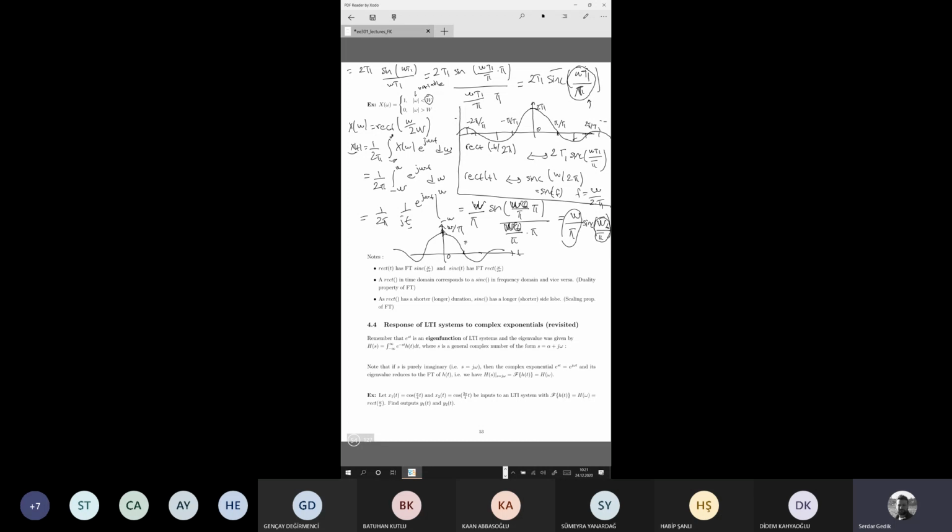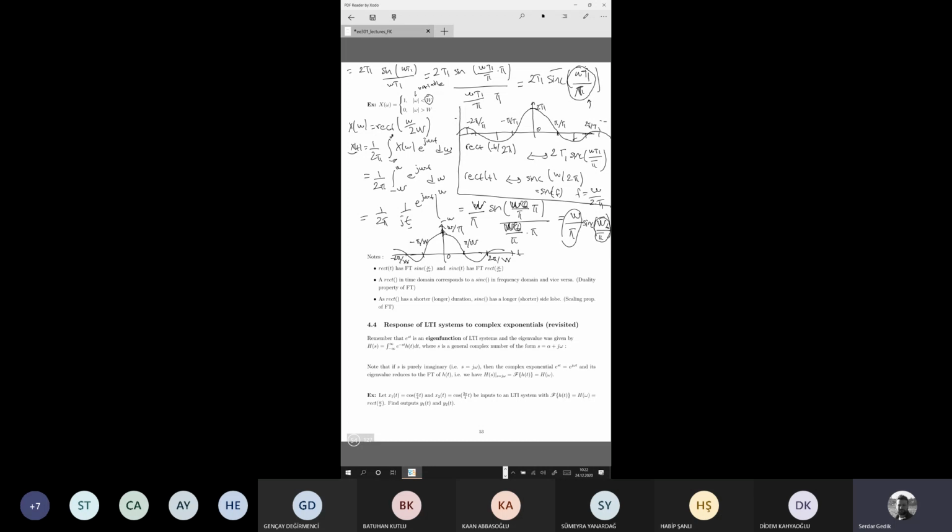So if this is pi over omega, this is 0. If this is 2 pi over omega, this is 0. This is minus pi over omega, and this is minus 2 pi over omega. So this is the inverse Fourier transform of this basic rectangular pulse.